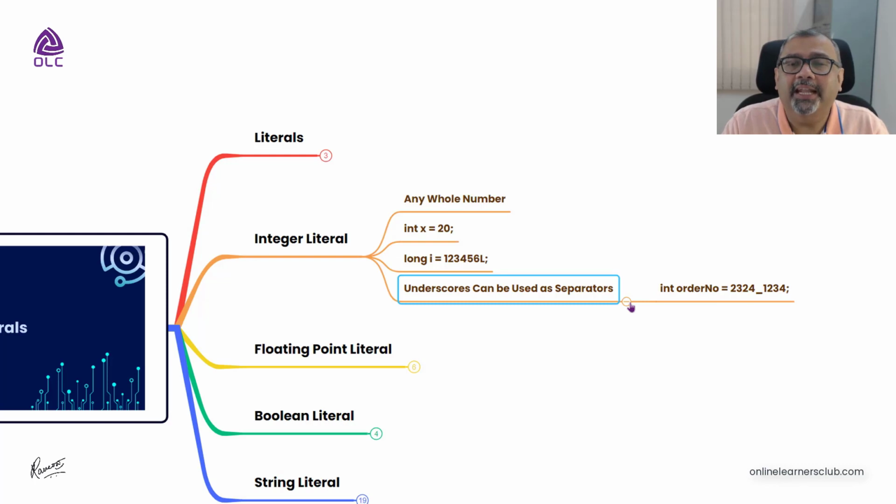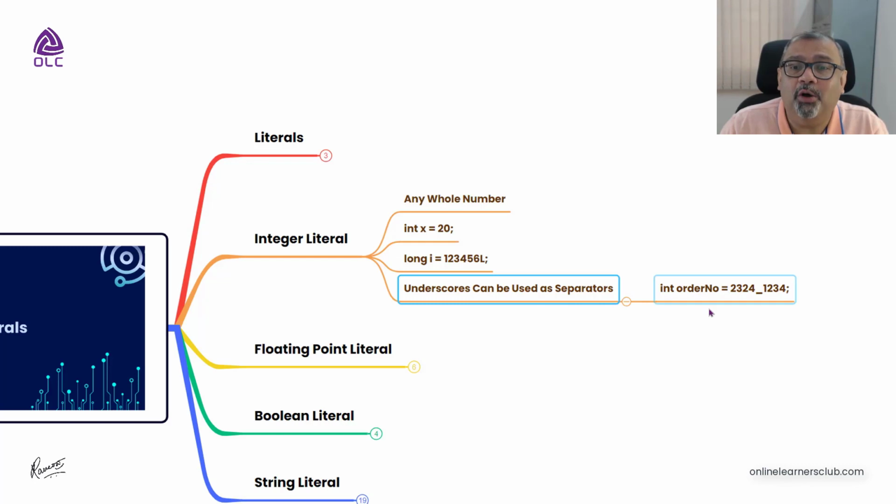In the same way, in a Java program, instead of representing a 10-digit number or a mobile number, or a credit card number you want to use in your program, you want to separate it out. Yes, you can use underscore.